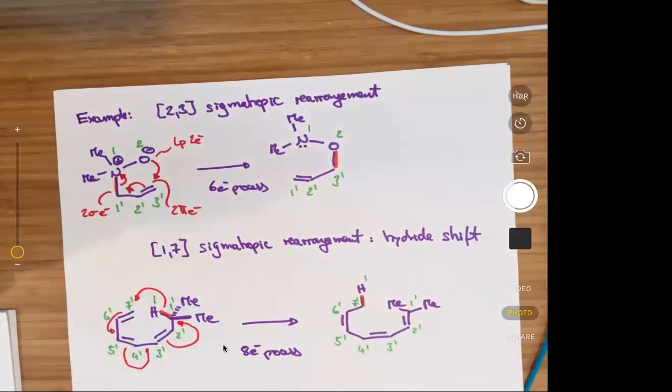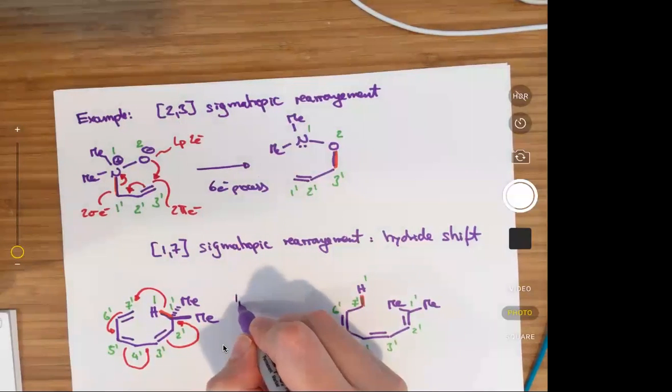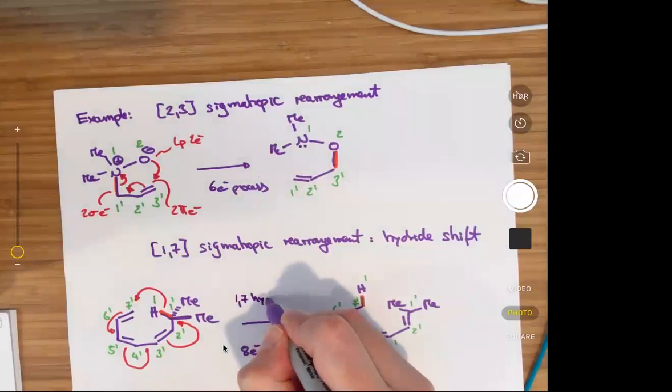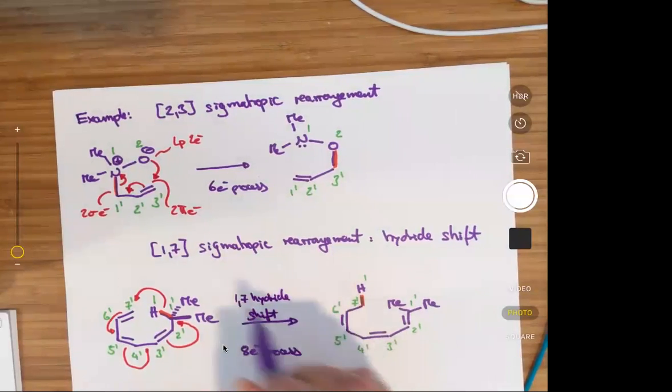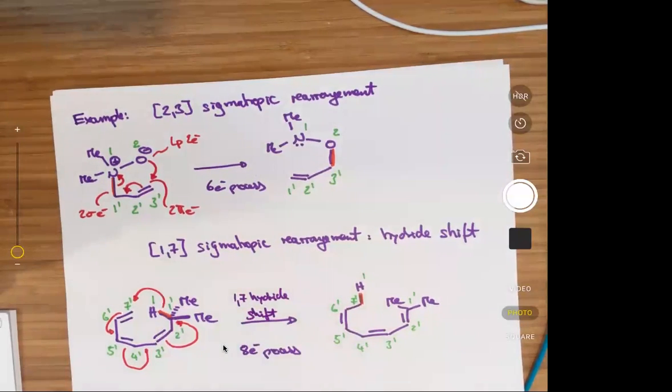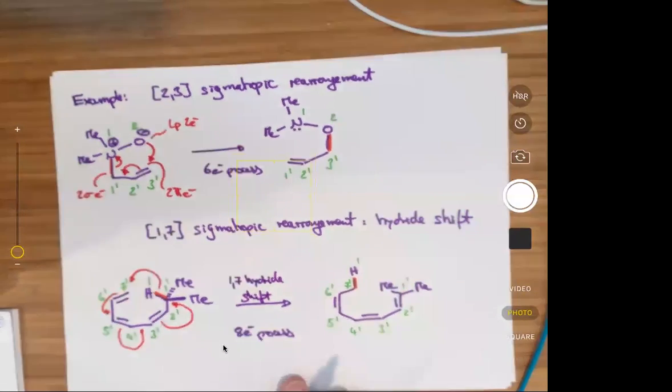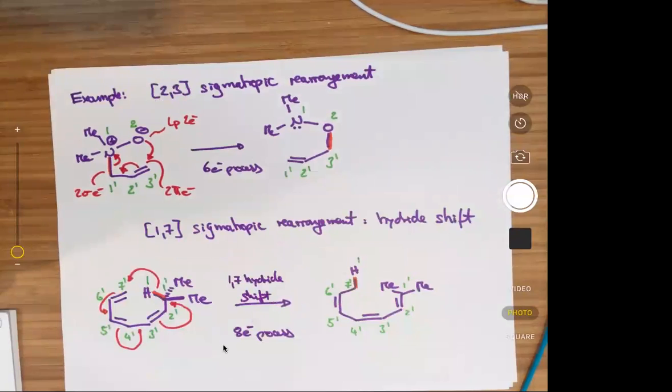All right, so this is a classical example of a 1,7 hydride shift. And it falls in the broader category of sigmatropic rearrangements.